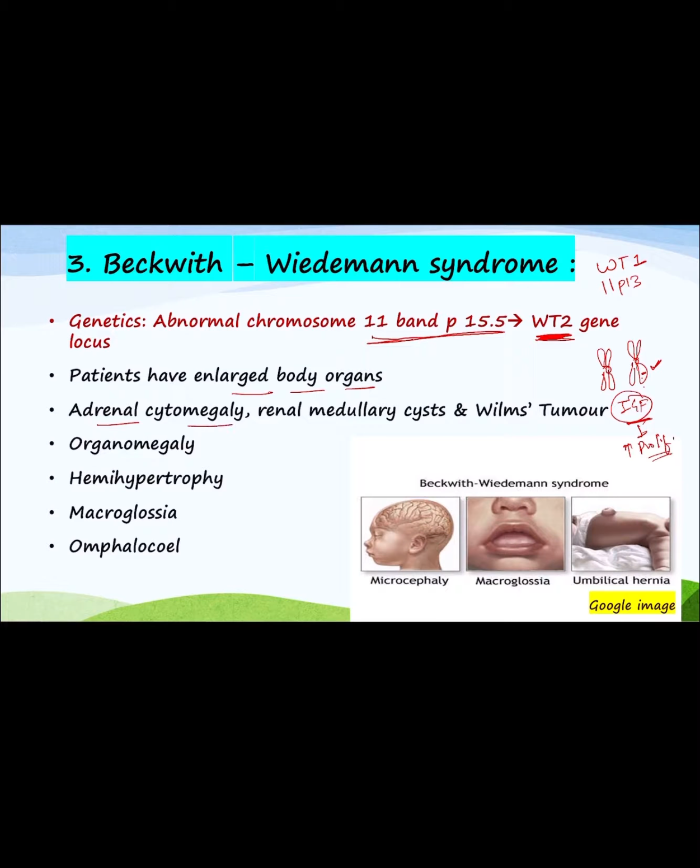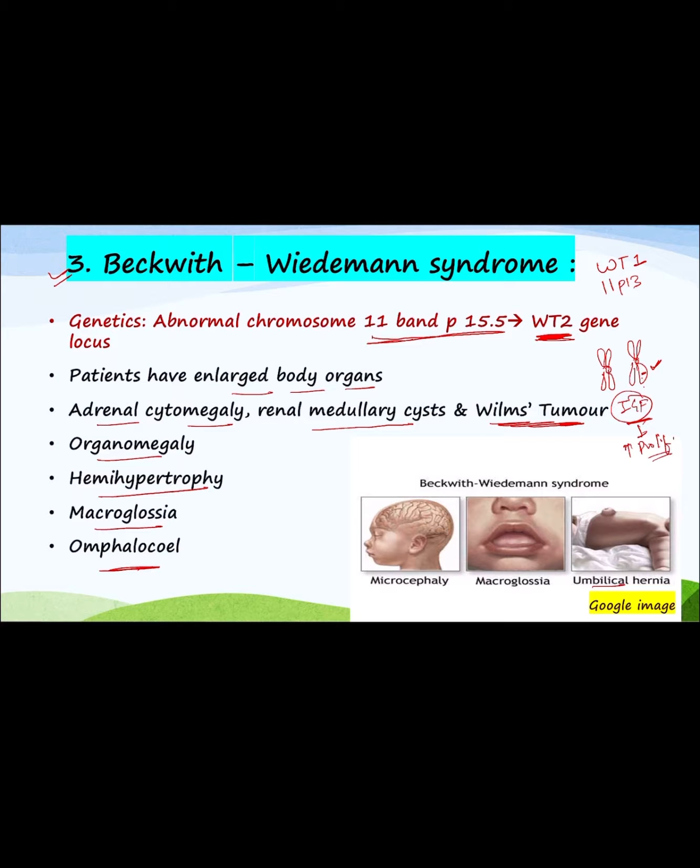Adrenal cytomegaly means increase in the size of cells, which is abnormal in the adrenal glands. Then renal medullary cyst, Wilm's tumor is the association. Then organomegaly, hemihypertrophy, enlarged tongue, that is macroglossia, and omphalocele, that is umbilical hernia. So all these things can be seen with Beckwith-Wiedemann syndrome.